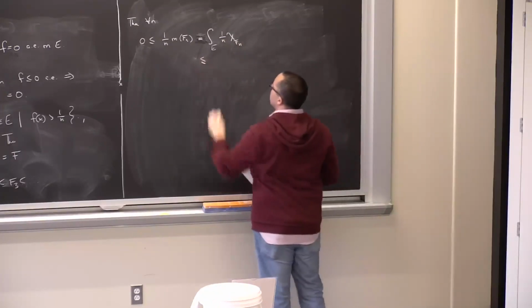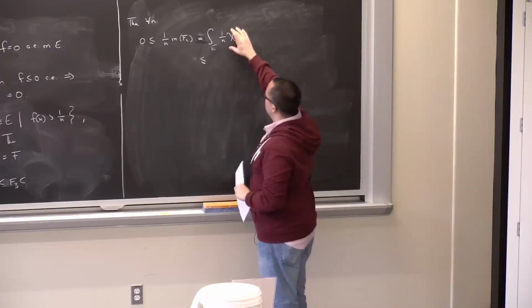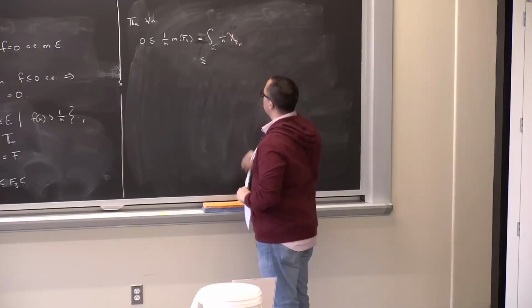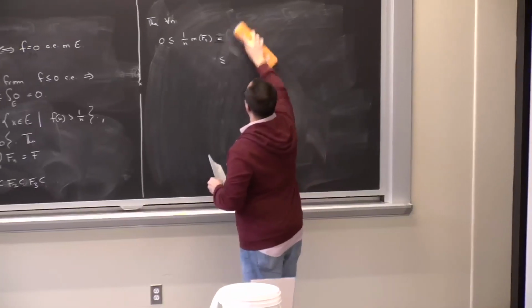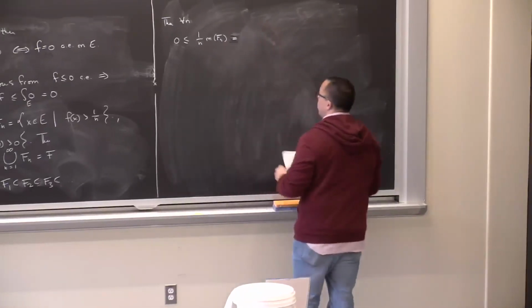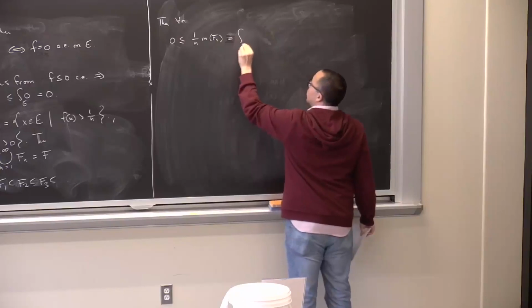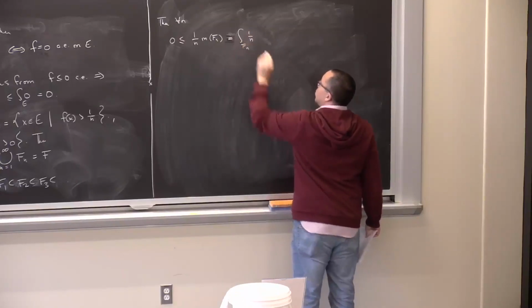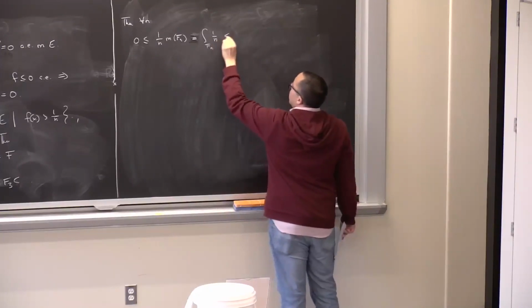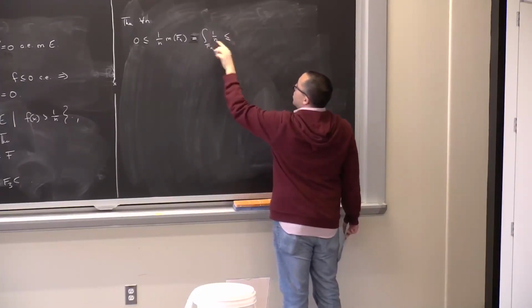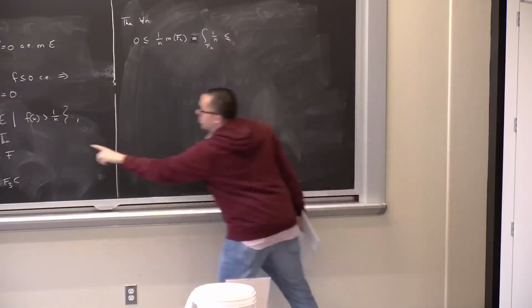Now on F_n, 1 over n is less than or equal to f of x.